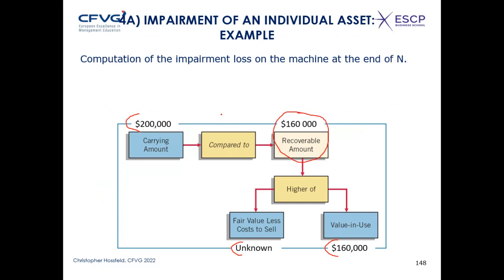Here, the recoverable amount is smaller than the book value, and that means I need an impairment, and the impairment loss is 40,000. I need to reduce the book value from 200,000 down to the lower recoverable amount of 160.